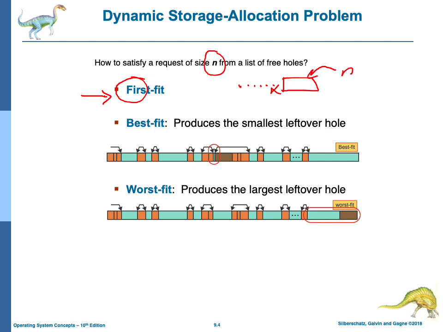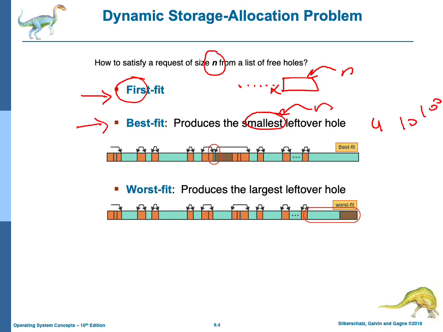Now with best fit, we're going to search the entire memory for the smallest hole that we can find where process P can still fit in. So if we have, let's say, 3 holes, one has a size of 4, one has a size of 10, and one has a size of 100.